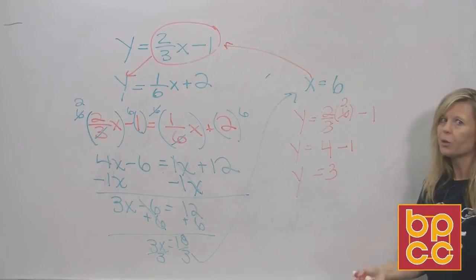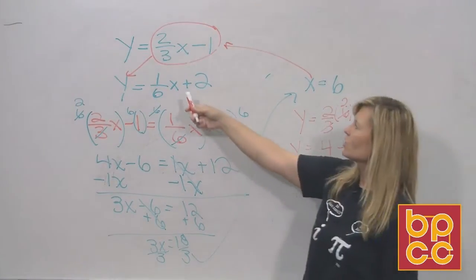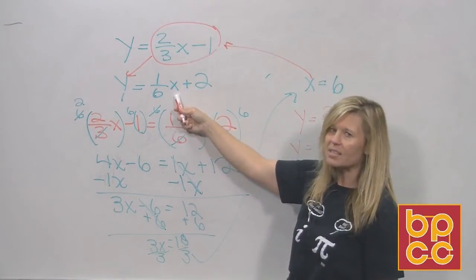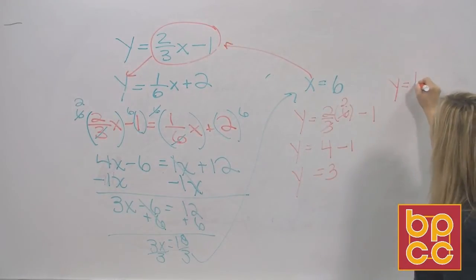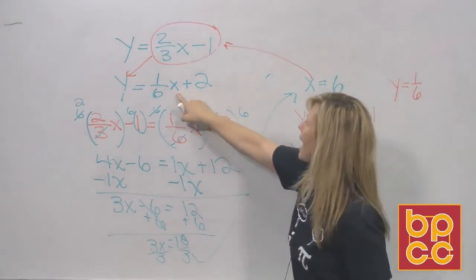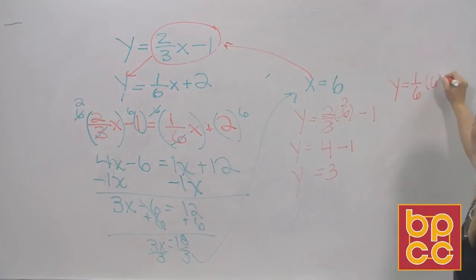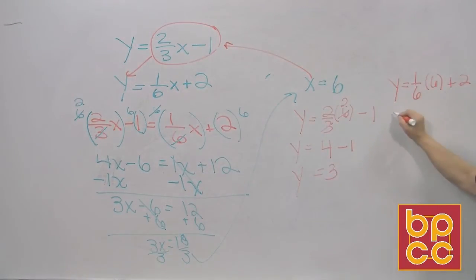I'm going to prove to you it doesn't matter. If I use this other equation, I would get the same y value. I'll show you. If I write y equals 1/6, instead of writing x, we're replacing it with 6, plus 2. y equals 6 divided by 6 cancels. That leaves us 1 plus 2, which is 3.